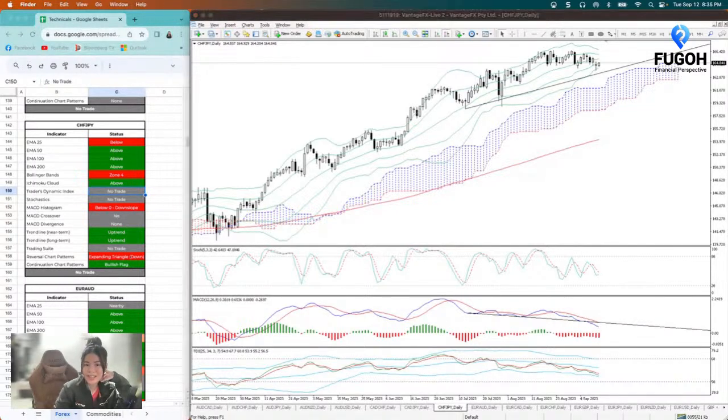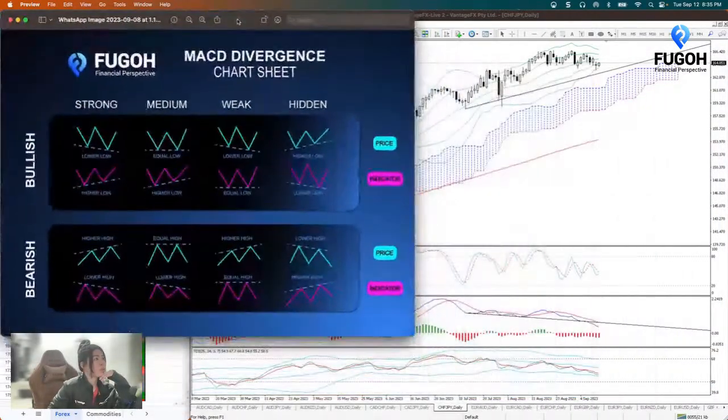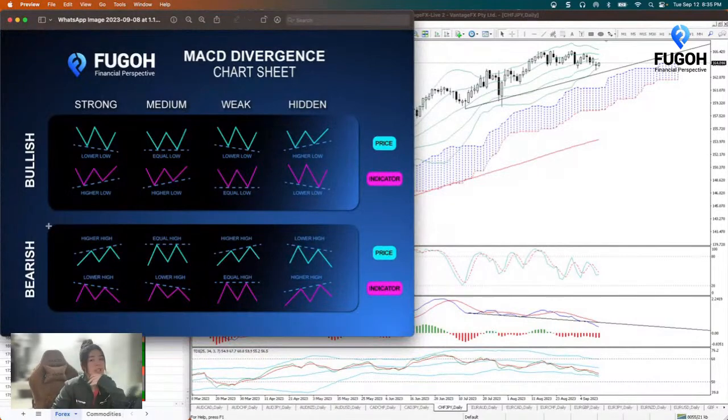That is a divergence. What kind of divergence? Let me cheat a bit. All right, if you want a copy of this, guys, let me know, but we have something like this. This is a cheat sheet for the MACD divergence. We could see here that this is a higher low, but we're seeing a lower low on the MACD.